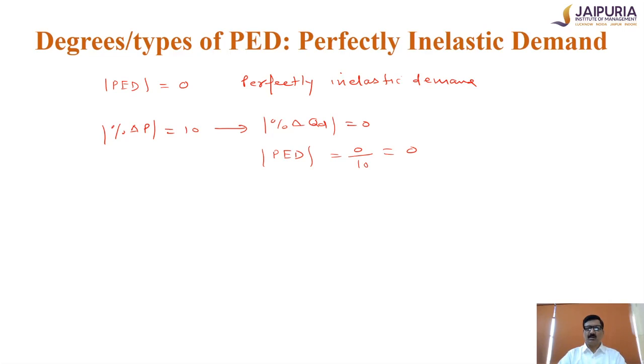Elastic demand means quantity demanded will change at a higher percentage than the change in price of the product, and inelastic demand means quantity demanded will change at a smaller rate than the change in price of the product. Elastic demand is also known as relatively elastic demand, and inelastic demand is also known as relatively inelastic demand.